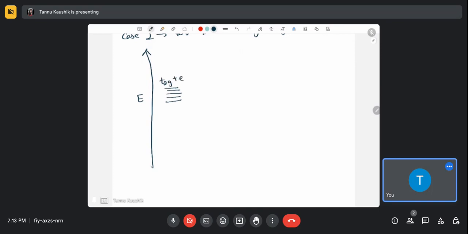The metal has T2G and EG symmetry orbitals, and we have 12 pi orbitals, and below it 6 sigma orbitals, EG plus A1G plus T1U. These have symmetry T2G, T1G plus T2G plus T1U plus T2U. So now the full molecular orbital diagram will look like this.